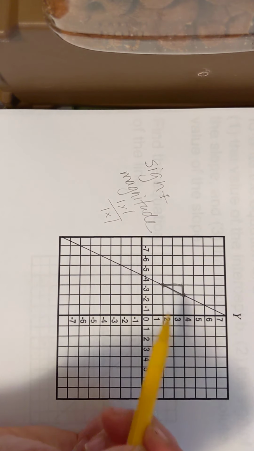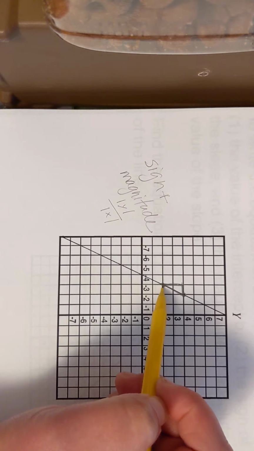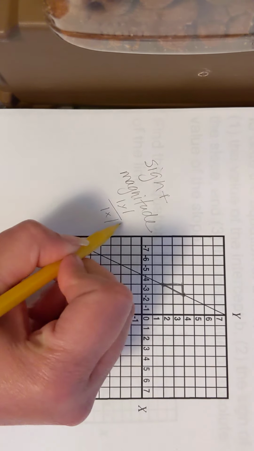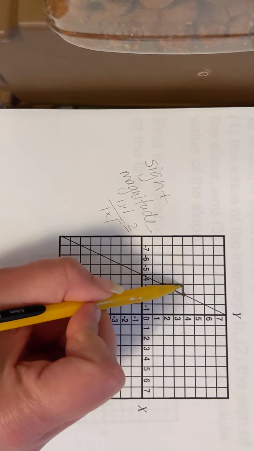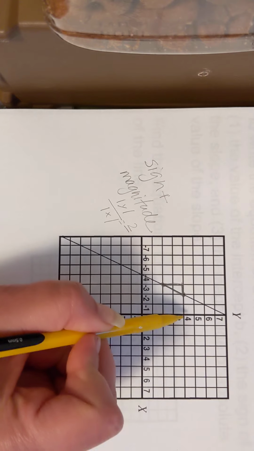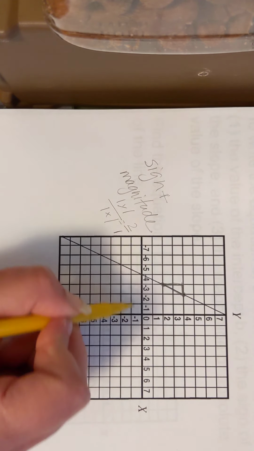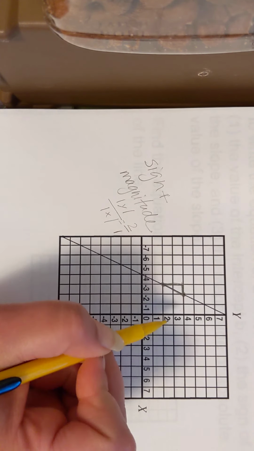So y is up and down. How many did I go up? 1, 2. So that is my change in y. Over left and right, how far did I go? I went one spot. So that is my change in x. Remember, x is going to be left and right. Y is going to be up and down.